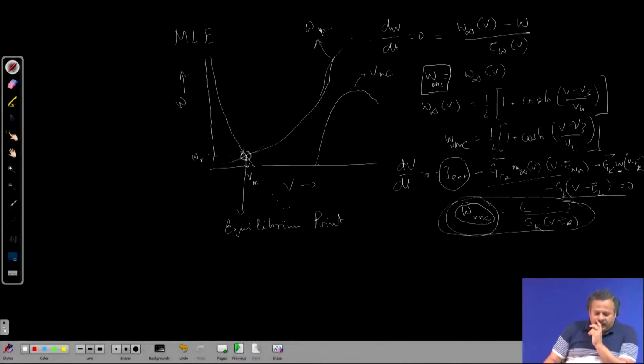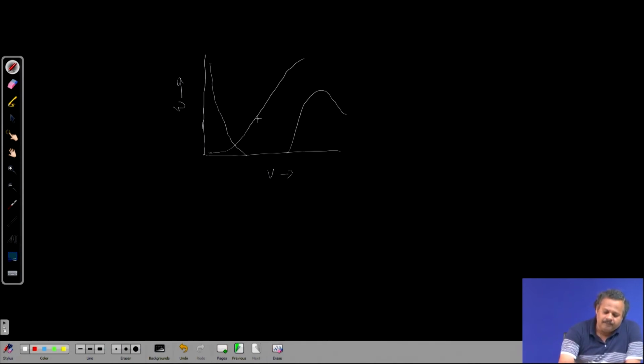With this equilibrium point, now let us consider perturbation of the system from the starting point. Let us say we have this as our v axis, this as our w axis, and we have the v nullcline here and the w nullcline here, somewhat like this, and this is our v rest.